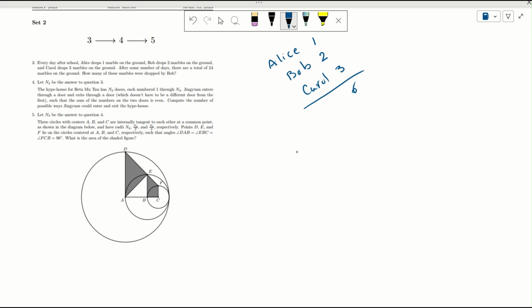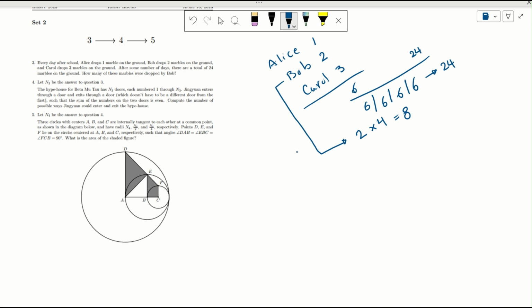When we have 24 marbles on the ground, it's been 4 days: first day, second day, third day, and fourth day. Now the question is asking how many of these were dropped by Bob. If we multiply 2 by 4 days, it's going to be 8, and 8 is the number of marbles dropped by Bob.